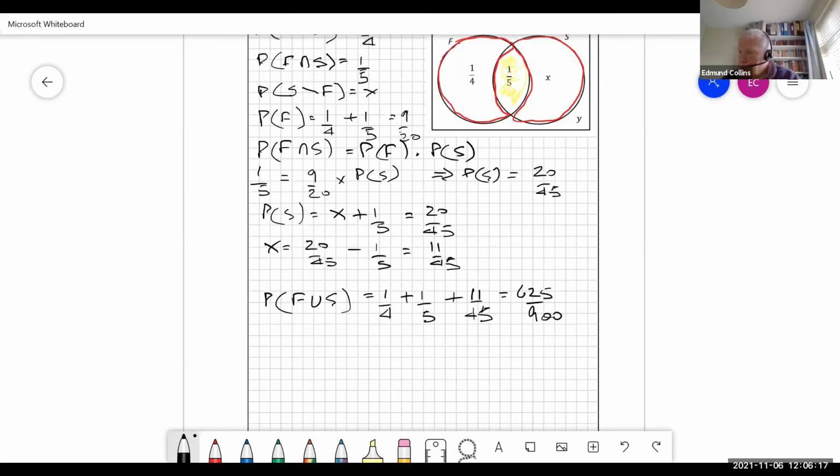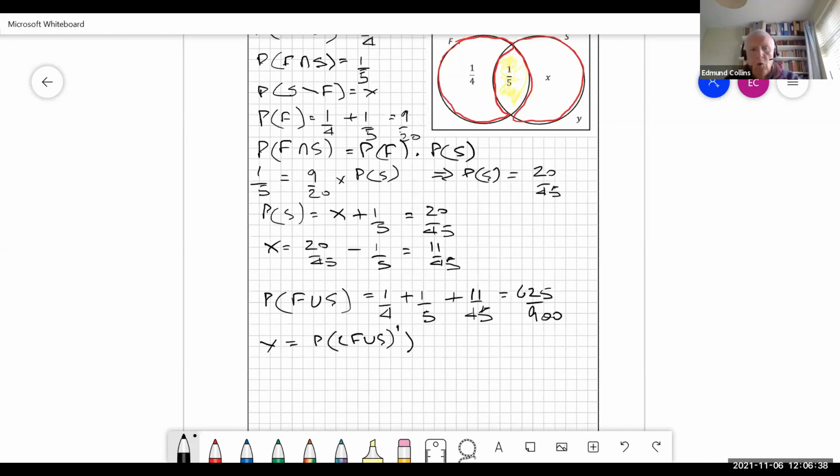Okay. But we know that y equals the probability of f union s apostrophe, the complement there.